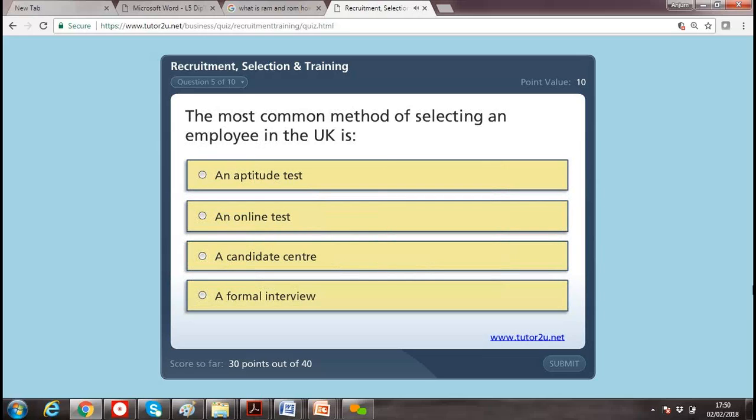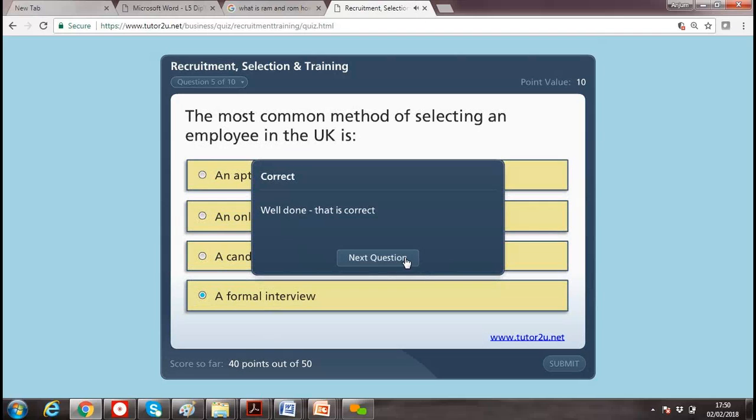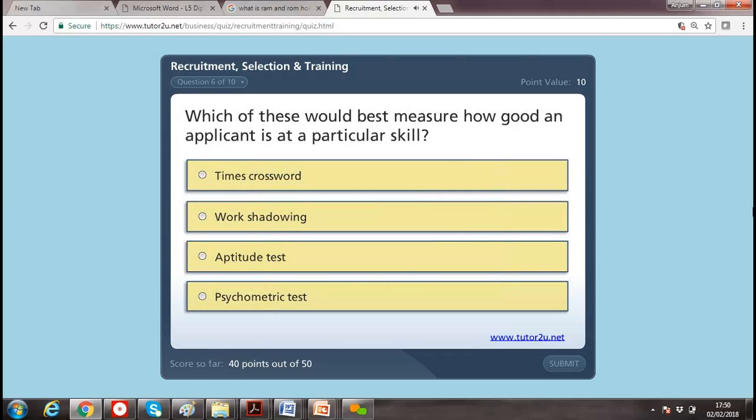The most common method of selecting an employee in the UK is a formal interview. Well done. Which of these would best measure how good an applicant is at a particular skill? Which test?